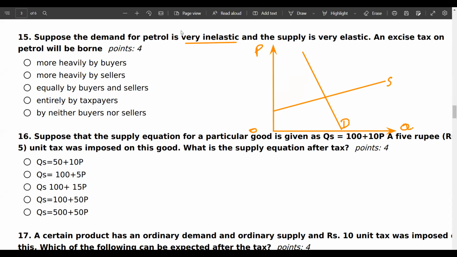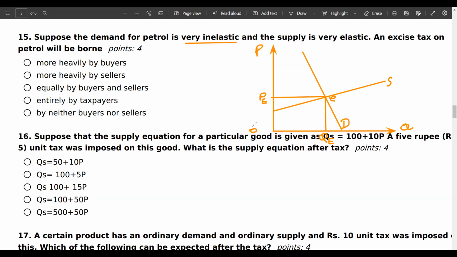So if the initial market equilibrium is like this, let's say the equilibrium price is here, that's the first equilibrium, and the quantity is here.